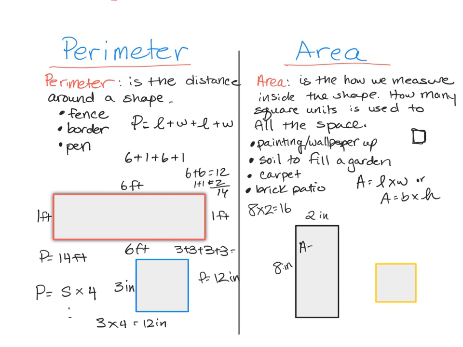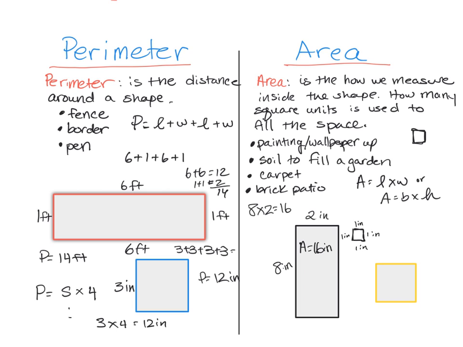So the area is 16 square inches. The square is only 1 inch long on each side: 1 inch, 1 inch, 1 inch, 1 inch.